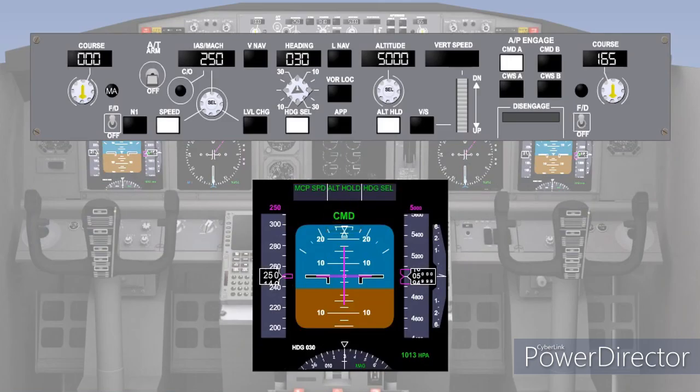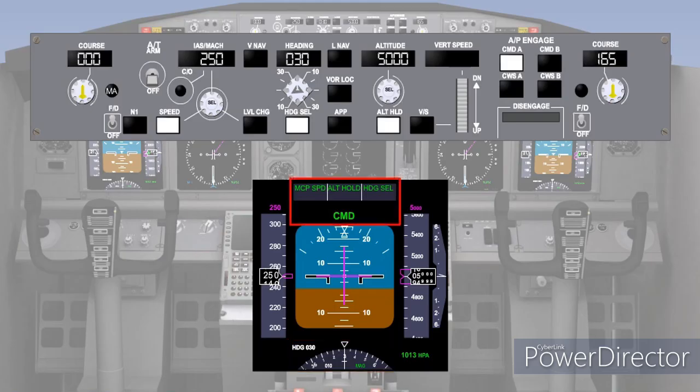The flight mode annunciator, FMA, forms part of the primary flight display, PFD, along with displays of airspeed, attitude, altitude, vertical speed, and heading.